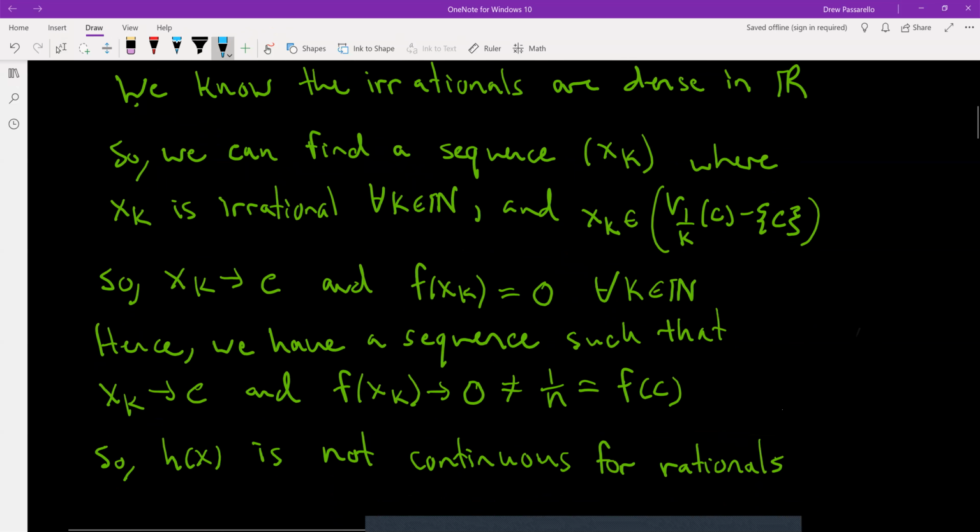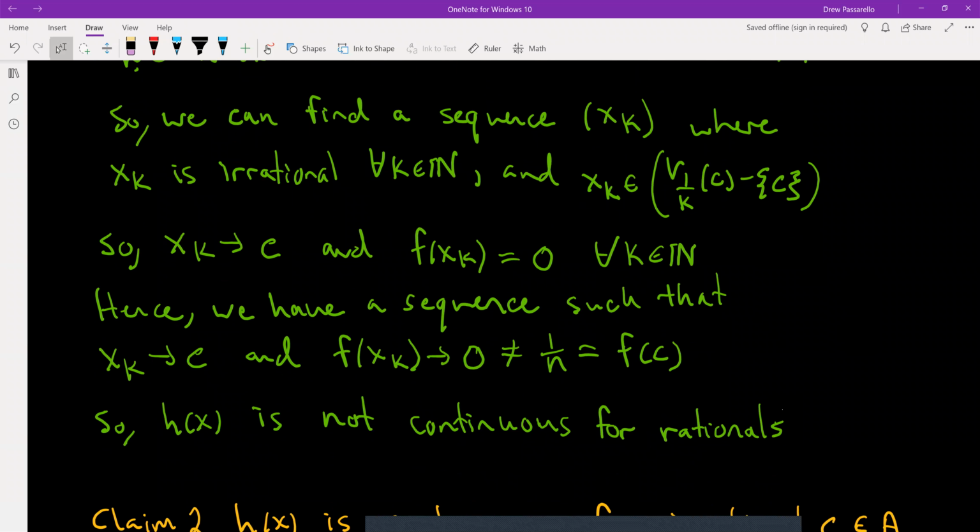So we produced a sequence that converges to c, but the sequence of h of xk's does not converge to h of c. So therefore, our function is not continuous for the rationals. And I was using the letter f here. It should be h. It should be h of xk.